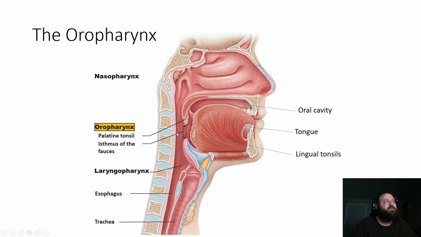Remember, the stratified squamous epithelia is always going to be present, or you would expect it to be present, in areas of the body that are subject to sort of physical stresses or physical damage that can handle the friction. There are paired palatine tonsils that are found on the walls of the fauces and provide immune protection against various foodborne pathogens. This works in concert with these lingual tonsils that are associated with the tongue.